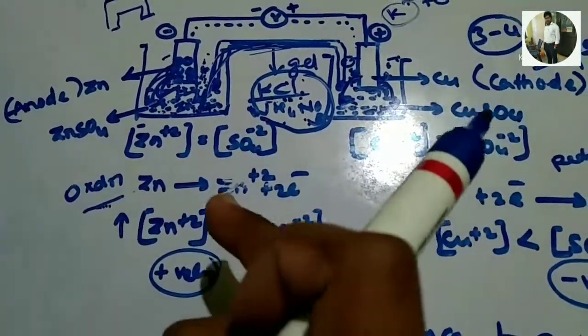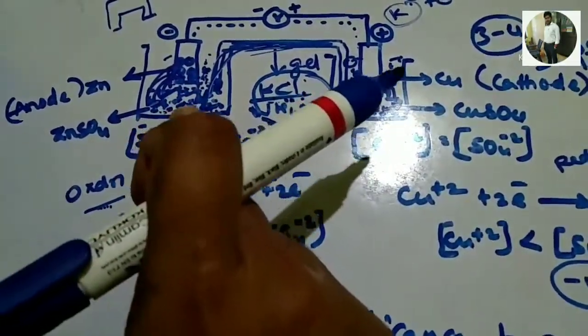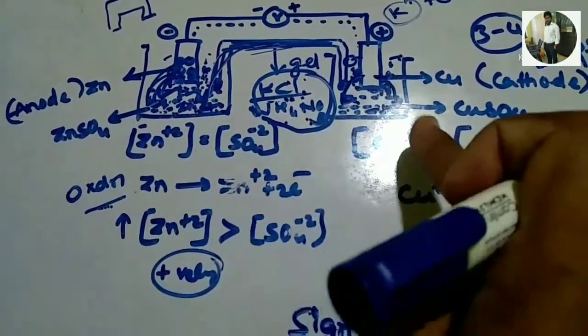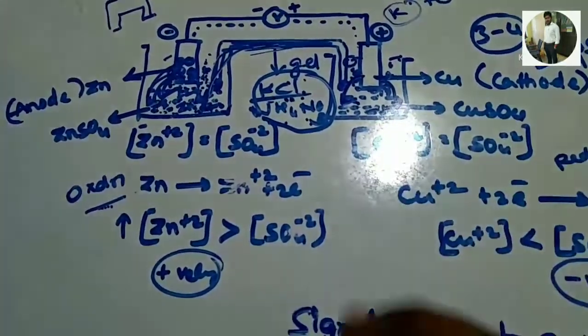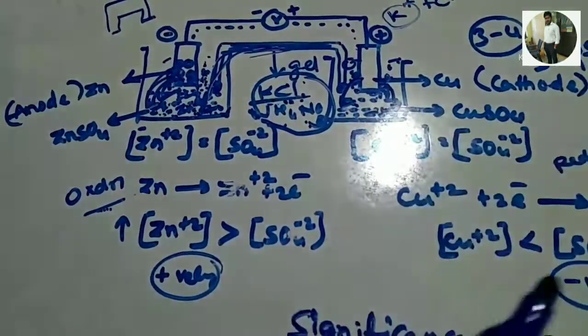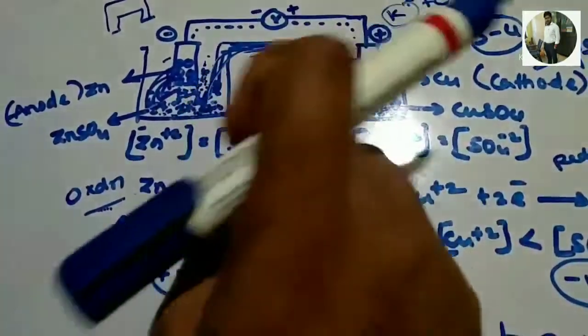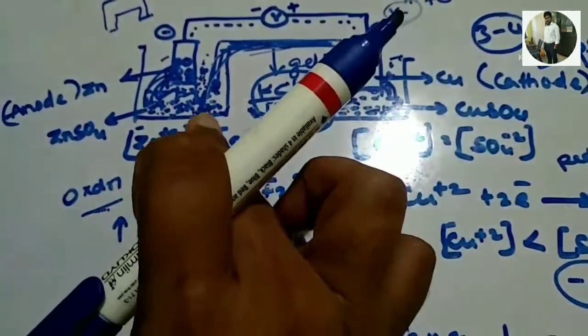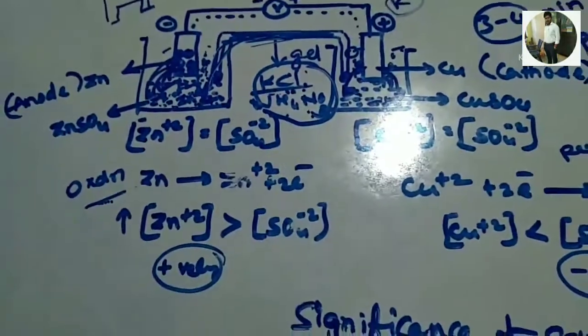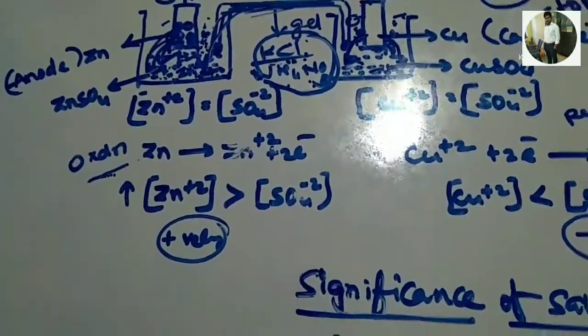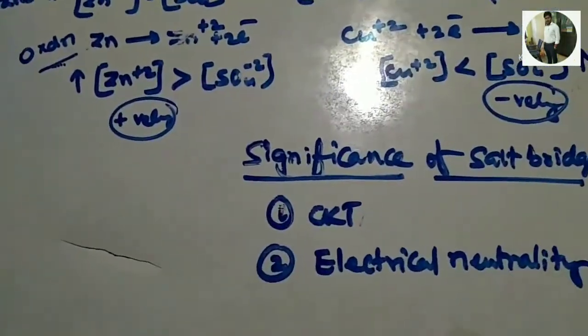Otherwise, the previous electrolyte was positively charged, and here the electrolyte was negatively charged with SO4 minus 2. But by introducing the salt bridge, the solution will become electrically neutral. These are the two significances of the salt bridge.